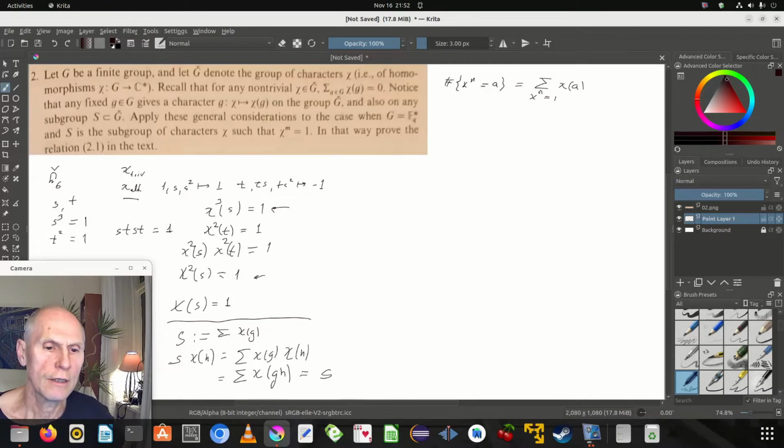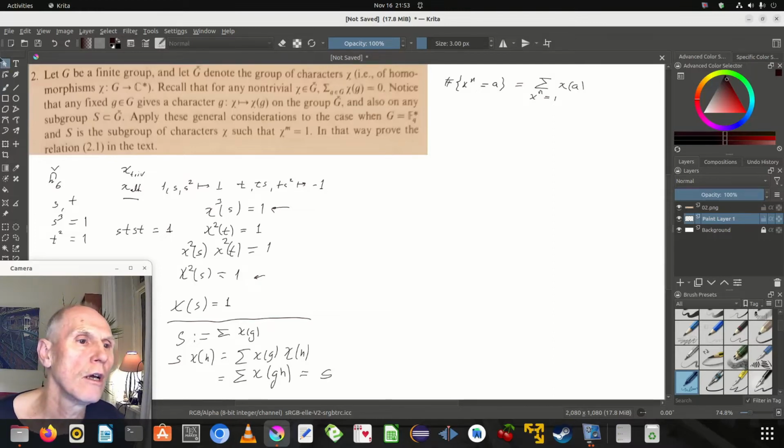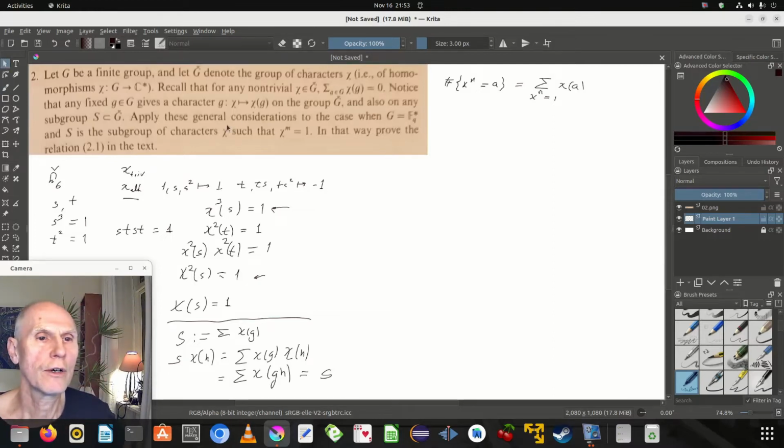If S is non-zero, then chi of h must be unity for all h. That's the trivial guy. Otherwise, S must vanish. Lovely. I didn't know that. I've been using it in the fields F_q, or the multiplicative groups of them, but I didn't realize that it held in general.